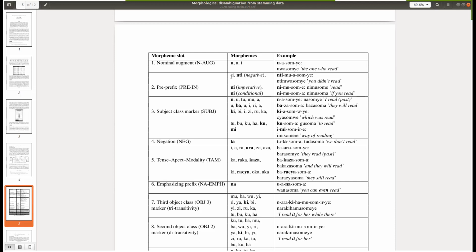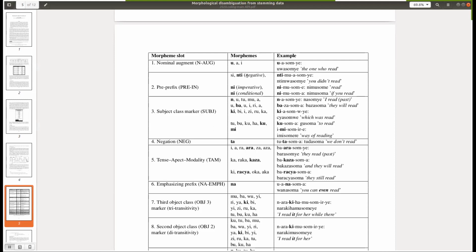Typically we have two for negation, and then one imperative and one conditional. Let's start with the negation one. Si, it's a morpheme that indicates that you are negating this verb. When you're talking about yourself, you don't say ninasomi, right?